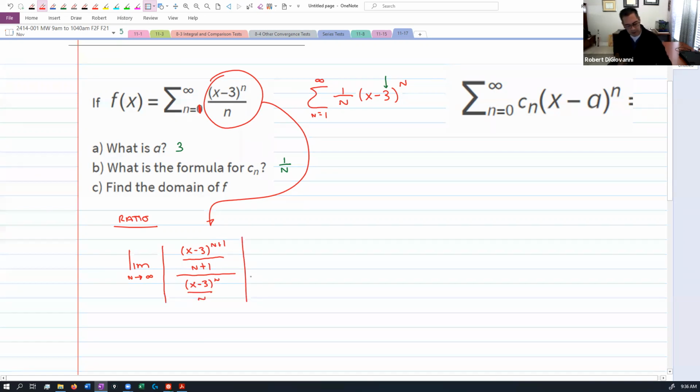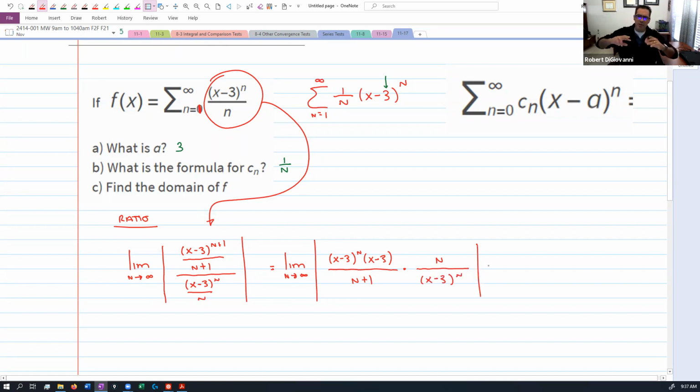Then I'm going to flip it and do my algebra. On top, I get x minus 3 to the n times x minus 3 over n plus 1, and then times n over x minus 3 to the n. Y'all understand that algebra?